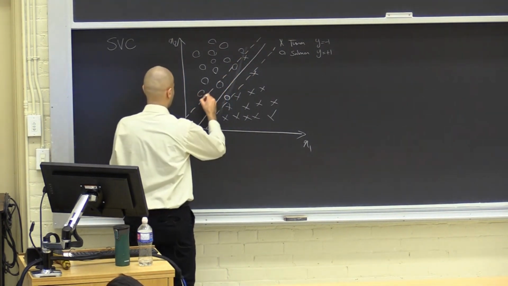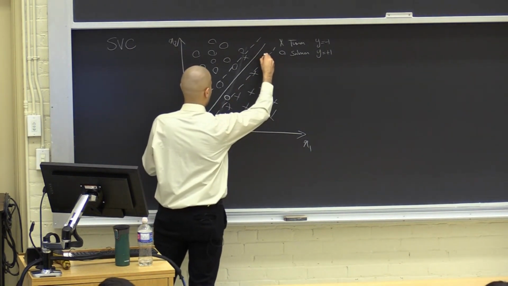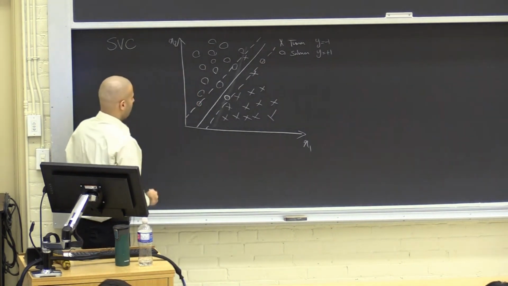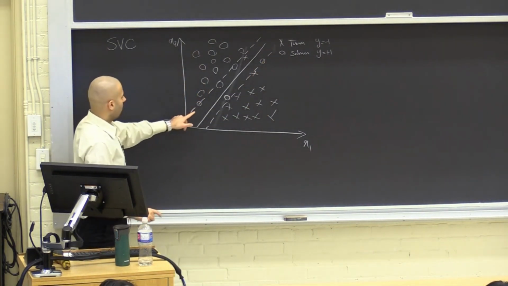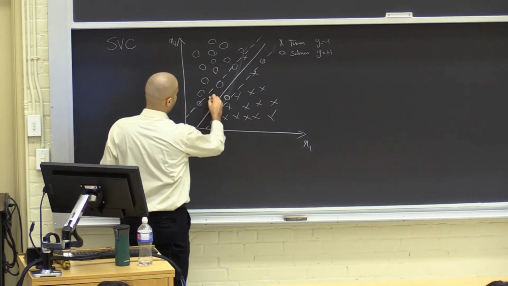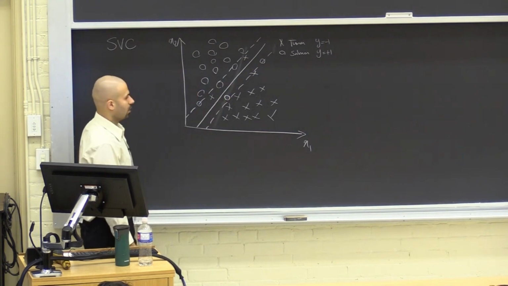So just for the sake of illustrating a point later on, I'm going to also make the problem a bit more nonlinear. So even if we have an x here, O here, we can have a soft margin like this.